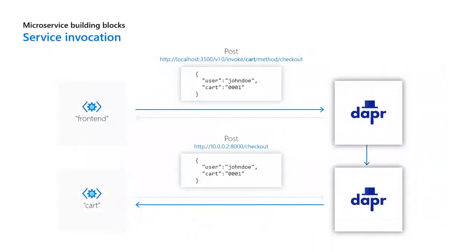Now let's go through one by one about what service invocation is. This is what we actually saw. For example, if your front-end application wanted to communicate to your service, this is the endpoint they can use, HTTP localhost 3500. This port can also be dynamically assigned if you're running on-prem. And this is the version, which remains as it is. Whatever you specify after the version will tell Dapr the specific building block you opted to use.